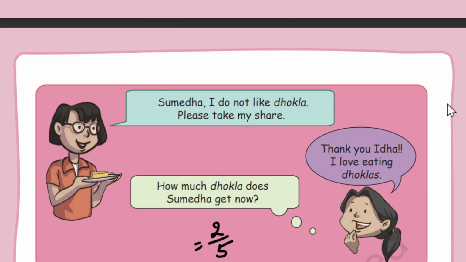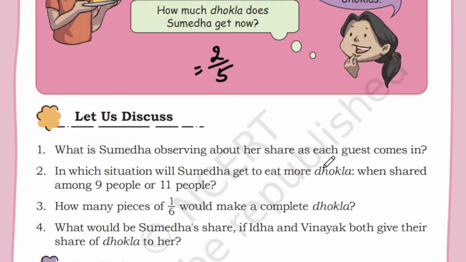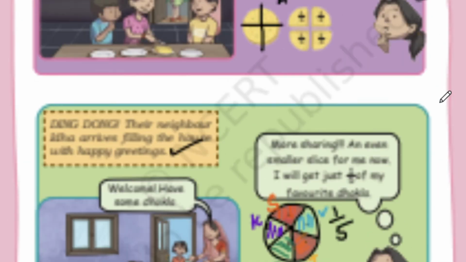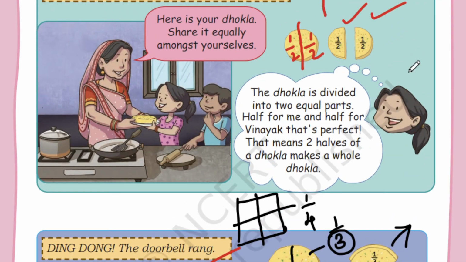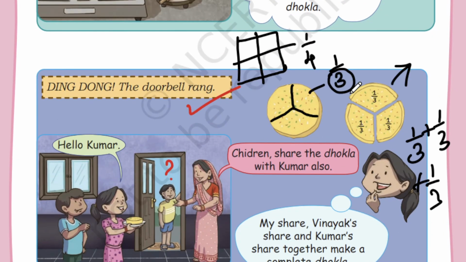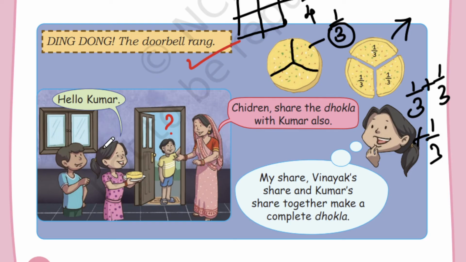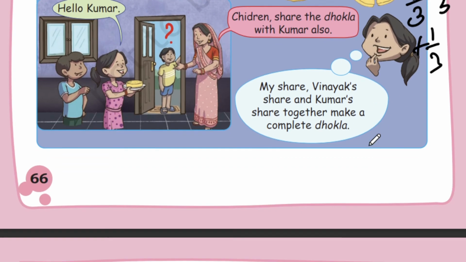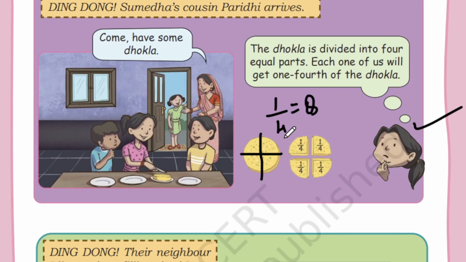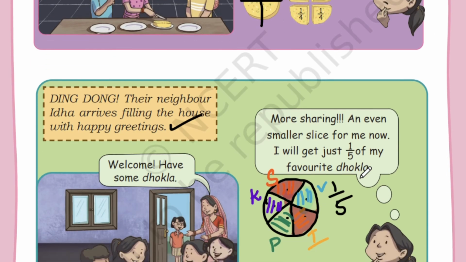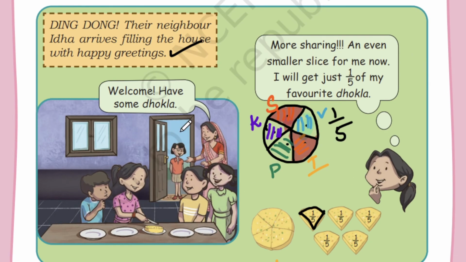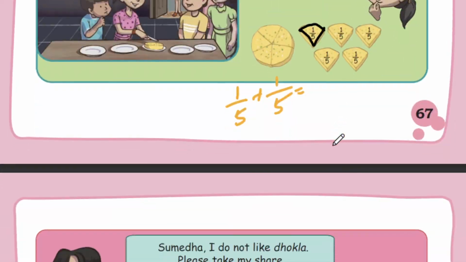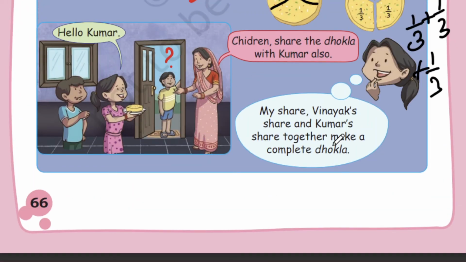Next. What is Sumeda observing about her share as guests come in? So what did Sumeda observe initially? She got half of the Dhokla. Then once a guest came in, Kumar, she got 1/3 of the Dhokla. And another guest, she got 1/4. And finally Ida came and she got 1/5. So the size is reducing.